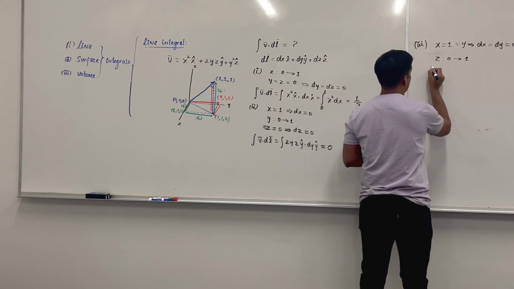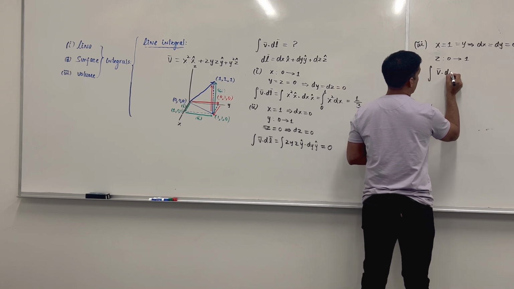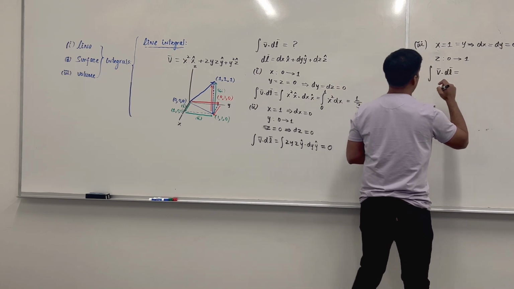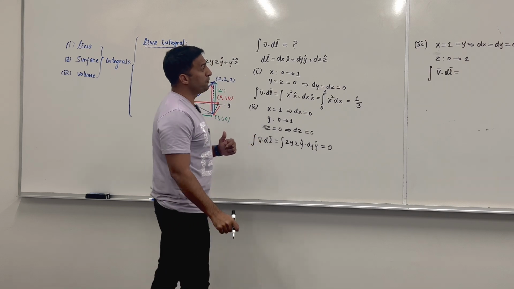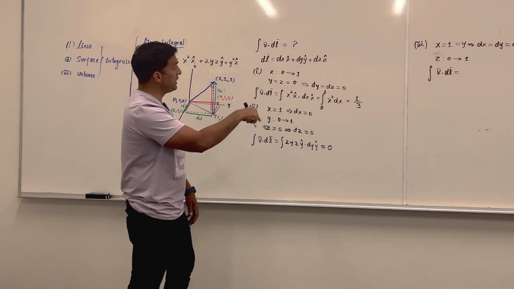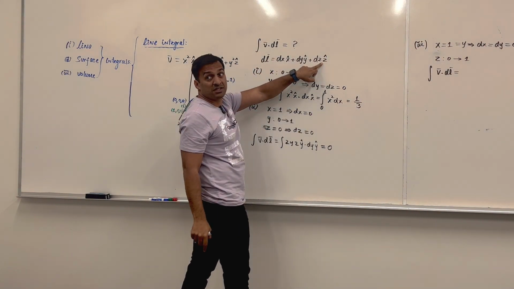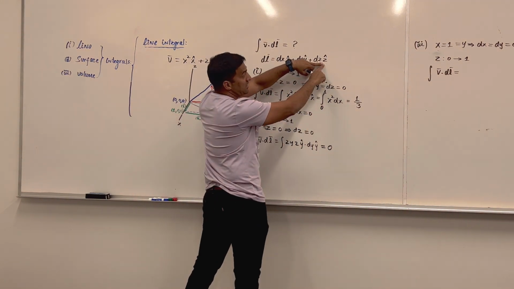Okay, so the line integral will be v dot dl. Let's first look at v and let's first look at dl. So dx is 0, dy is 0, so only the third term survives. Okay, and then we have the z unit vector.